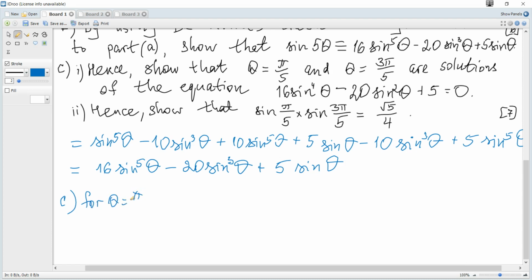for theta is pi over 5, our expression, it means identity, it means the same.